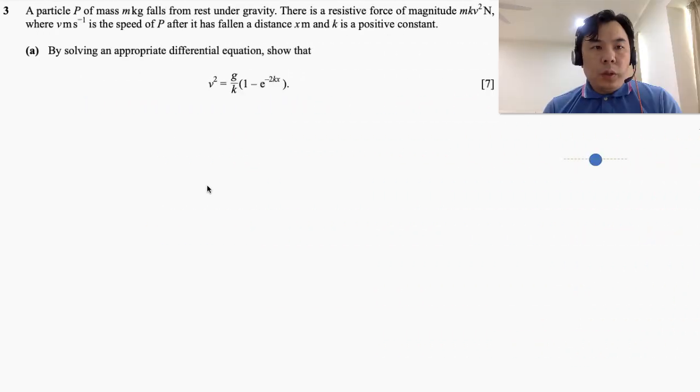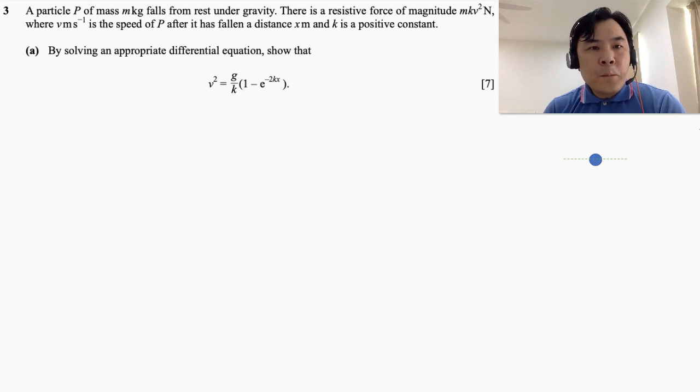All right, third question. A particle P of mass m kg falls from rest under gravity. There is a resistive force of magnitude mkv squared newtons, where v is the speed of P after it has fallen a distance x, and k is a positive constant.